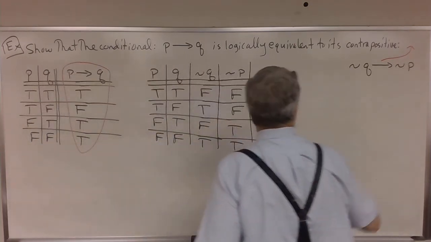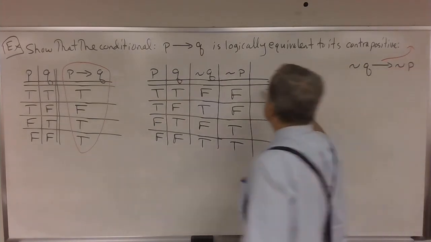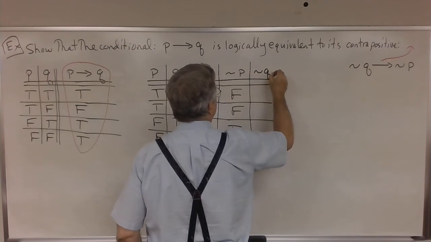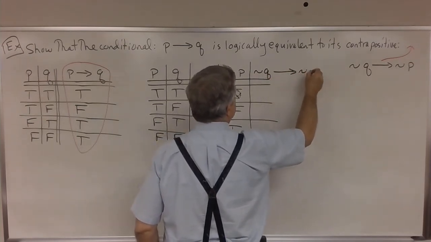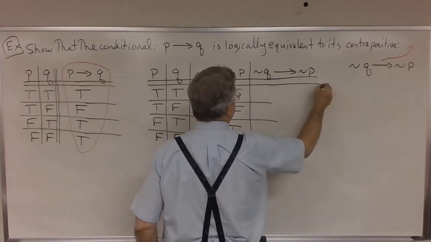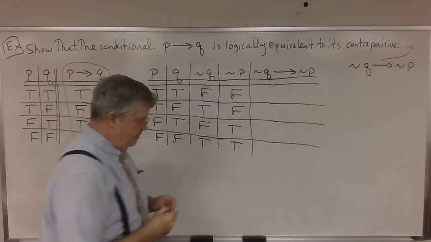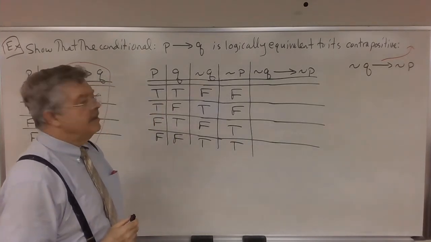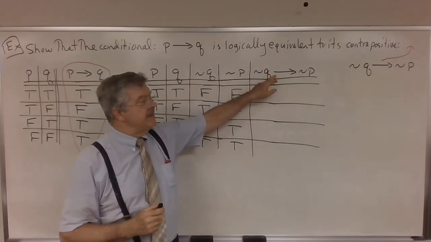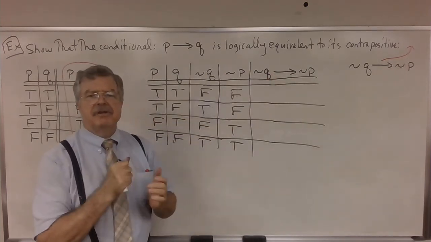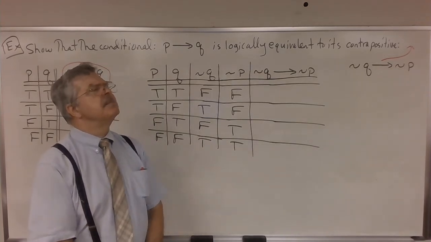And I think we're ready for this thing. We're going to join them with an if-then. Not Q, if not Q, then not P. There we go. This is an if-then statement. What's the special case for an if-then statement?